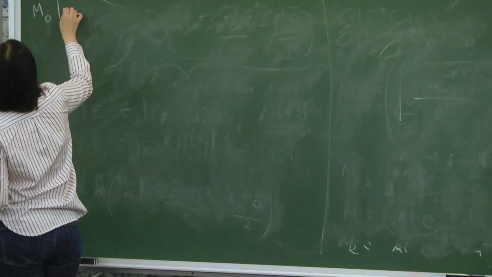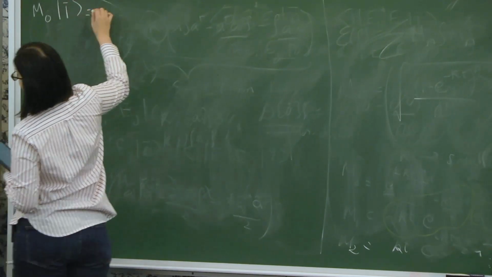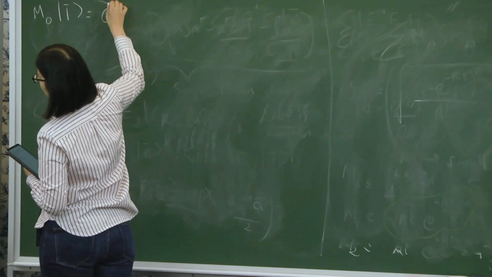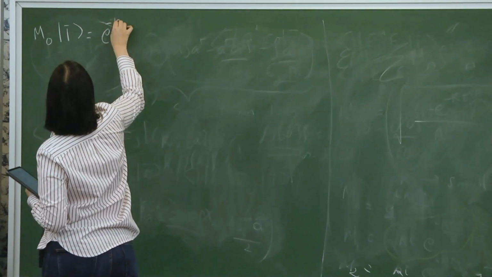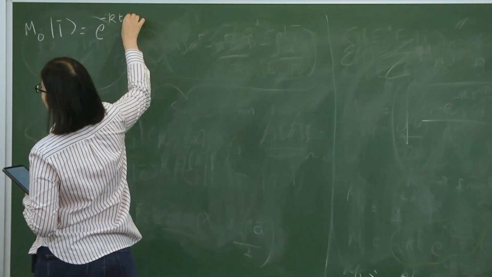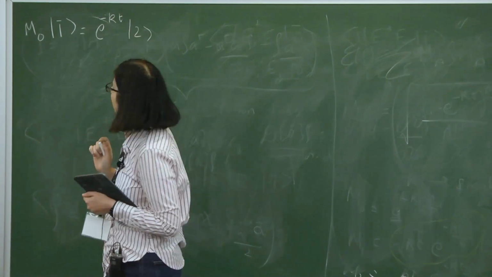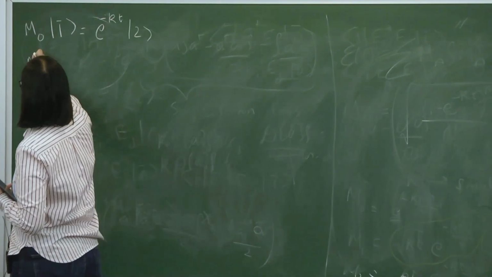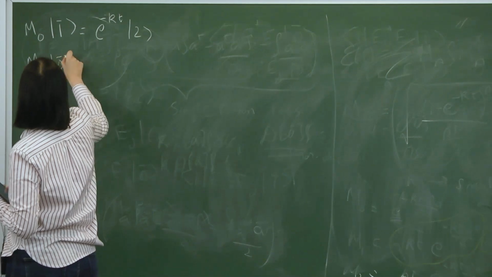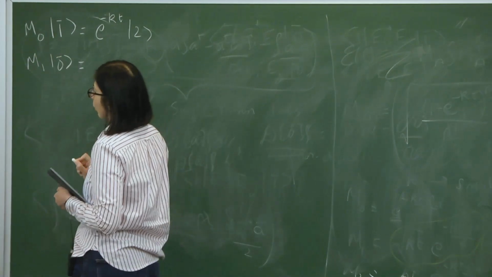M0 acting on 1 bar is e to the minus kappa t 2, right? Is that okay? And then I have M1 acting on 0 bar is equal to what?